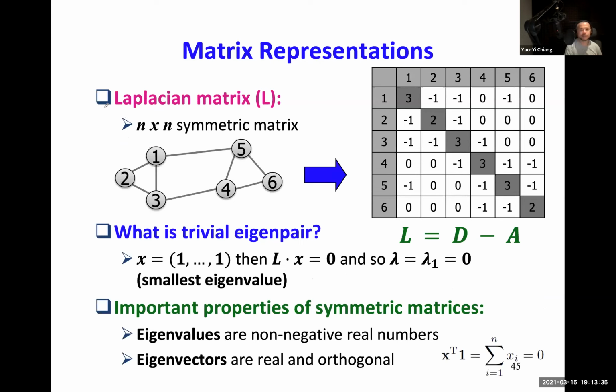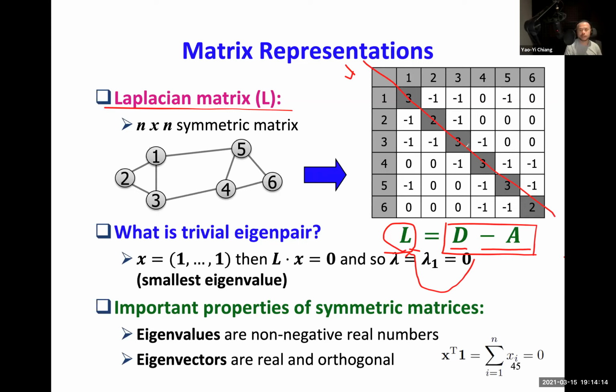Now the last one is the Laplacian matrix. The Laplacian matrix is actually just the degree matrix minus the adjacency matrix. The reason that we want to store the degree and adjacency matrices is just because we want to calculate this Laplacian matrix. So it looks like this. If you remember, the diagonal part in the degree matrix is the degree of every node, and for the adjacency matrix, the diagonal part is all zeros, right?